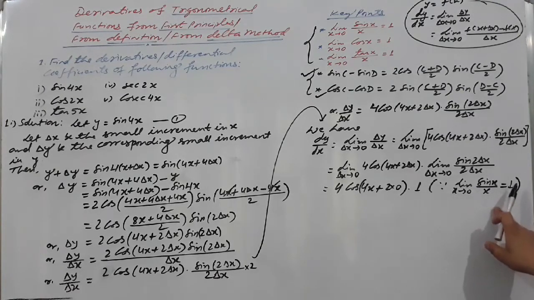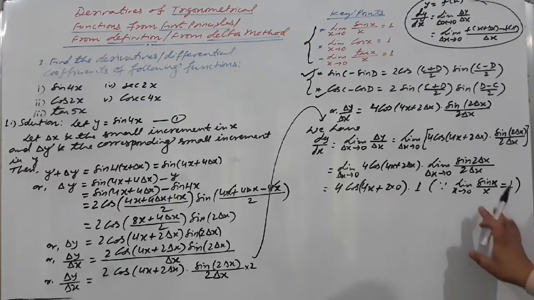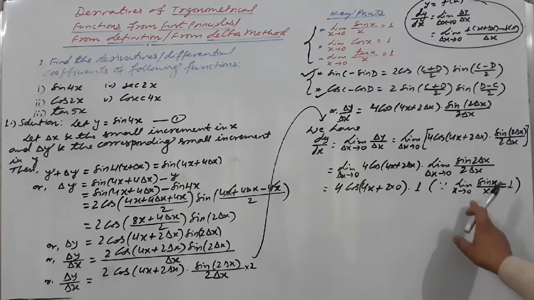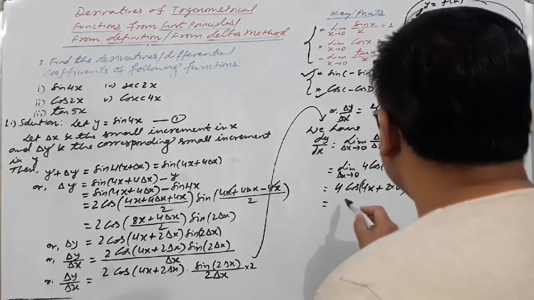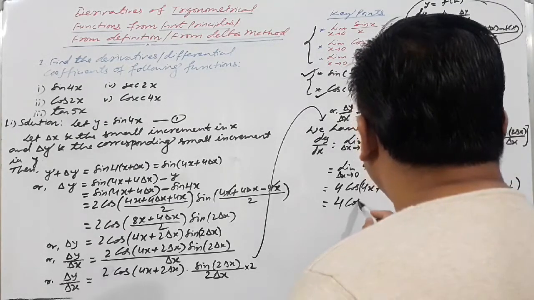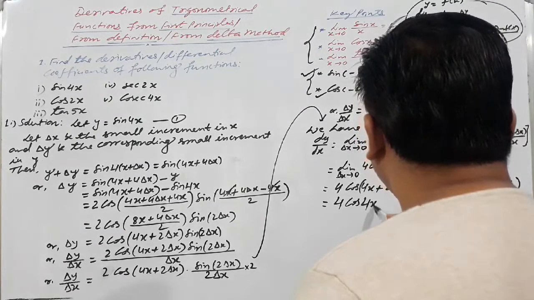Using this property we have done so many questions in limits. I also think you don't have a problem, before starting derivatives you might have done limits. So here 1. Then the final line, you will have 4 cos 4x.